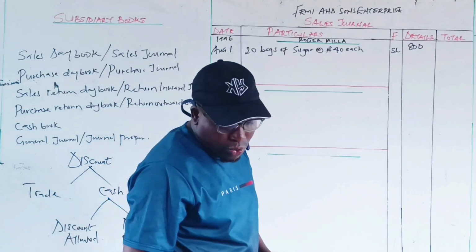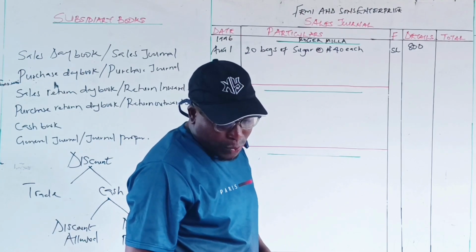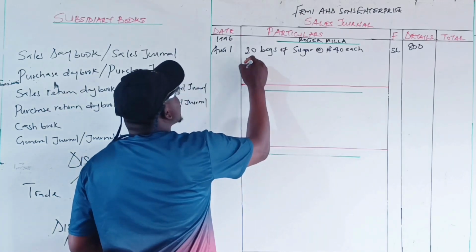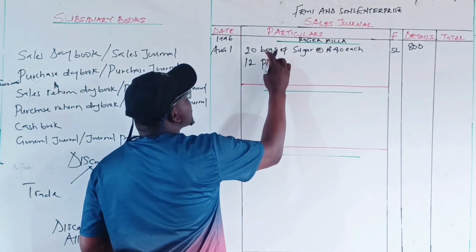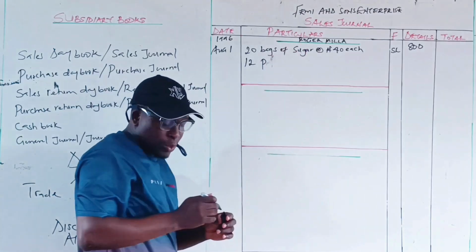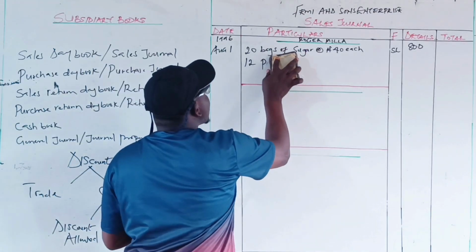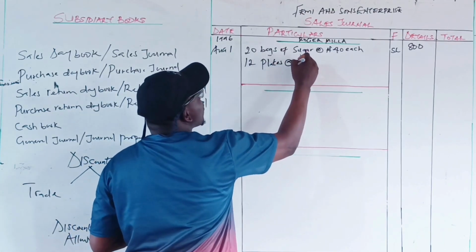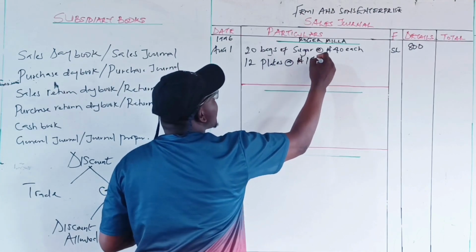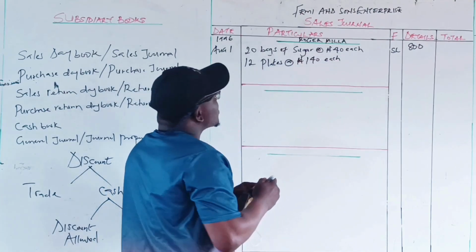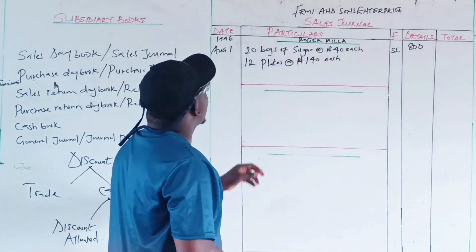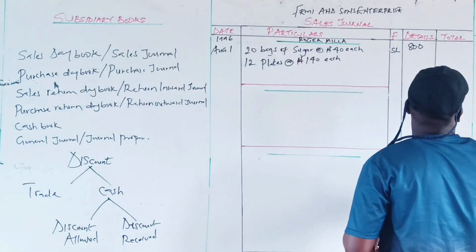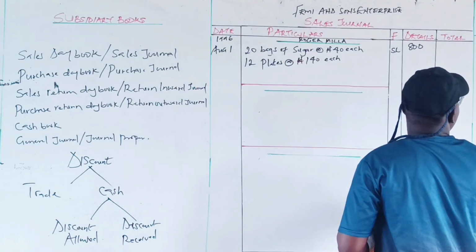So the next thing to do is to go to the next question, which is 12 plates at 140 naira each. So multiplying 140 by 12 to give us the value for the 12 plates. We have 140 by 12.